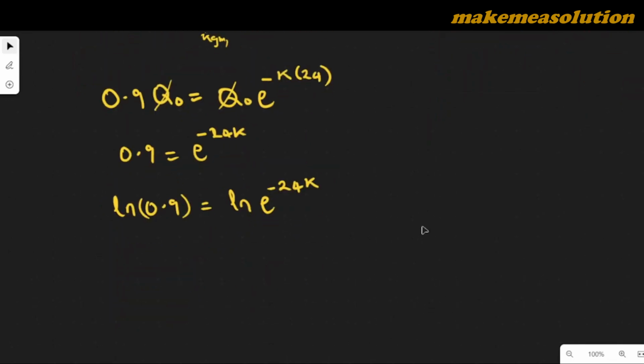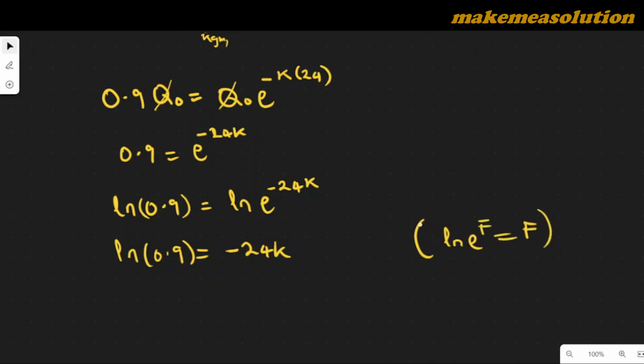Now follow me carefully and see what I do here. So ln 0.9 now becomes negative 24K. The reason is that ln exponential f is equal to f. So if you solve it like this, K will now be ln 0.9 over 24.